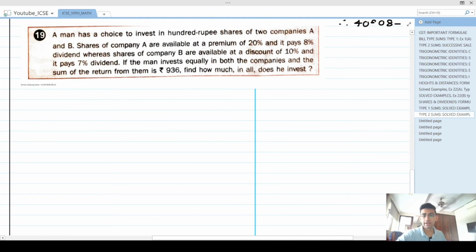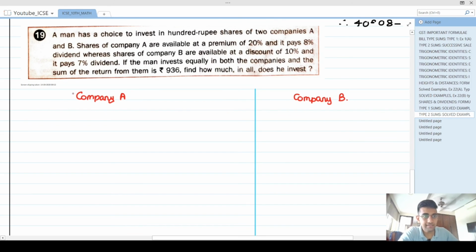A man has a choice to invest in 100 rupee shares of two companies A and B. Shares of A are available at premium of 20%, paying 8% dividend. And so again, we have two companies case, company A, company B. If a man invests equally in both the companies and the sum of return is 936.